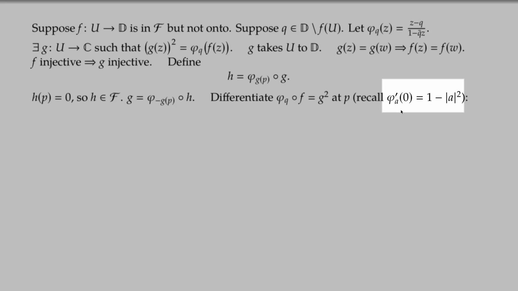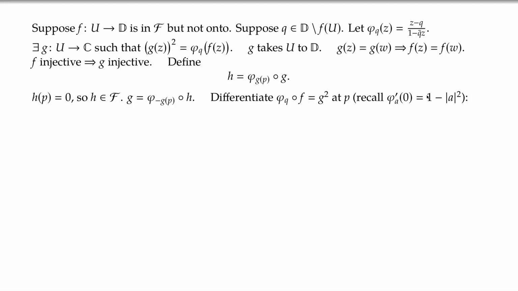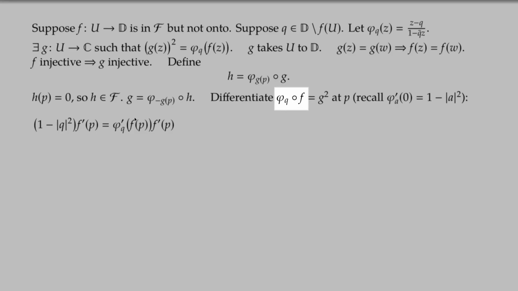At 0, if I have one of these phis, we know the derivative is 1 minus the modulus squared of whatever the point taken to 0 is. Okay, so if we take the derivative of phi sub q circle f at p, we had this guy over here.